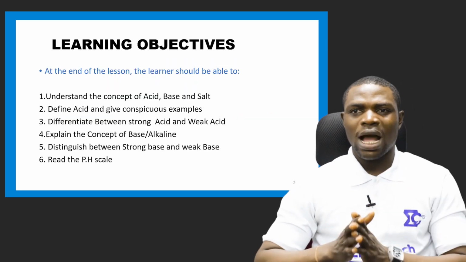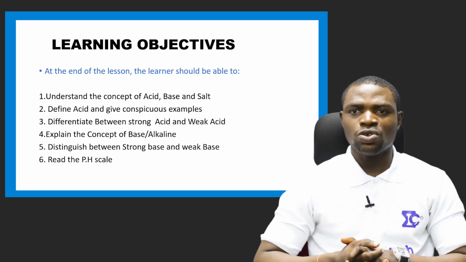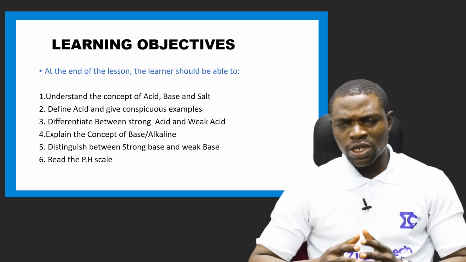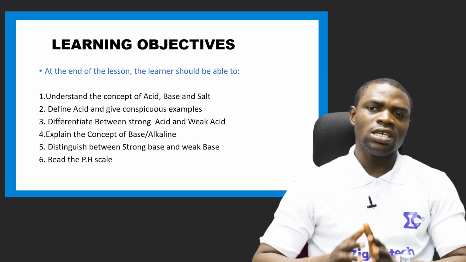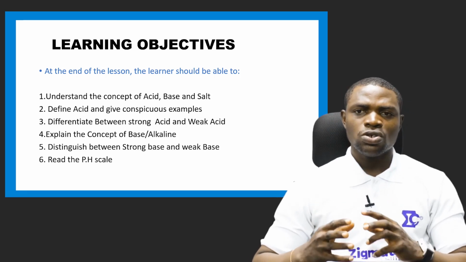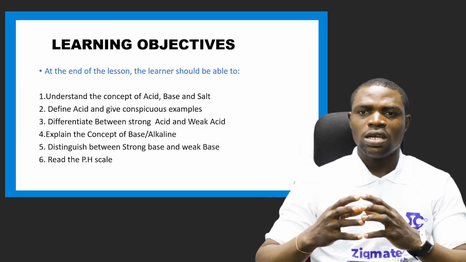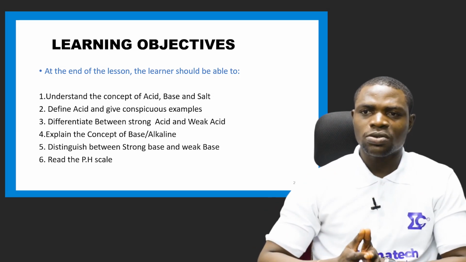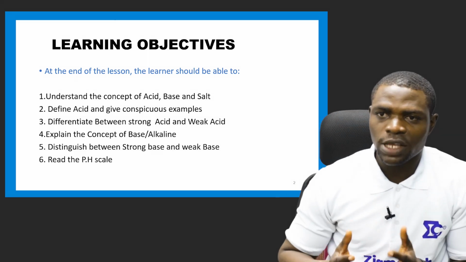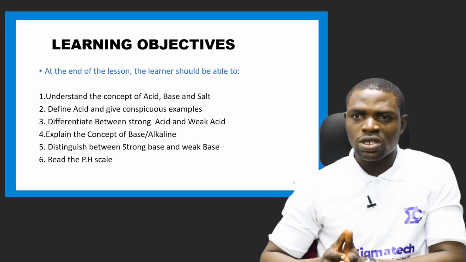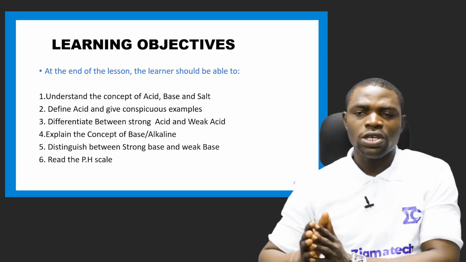At the end of this lesson, you should be able to understand the concept of acid, base, and salt. You should be able to define acid and give examples. You should be able to differentiate between the strong acid and the weak acid. You should be able to explain the concept of base, which in some textbooks you see as alkaline, and also distinguish between the strong base and weak base.